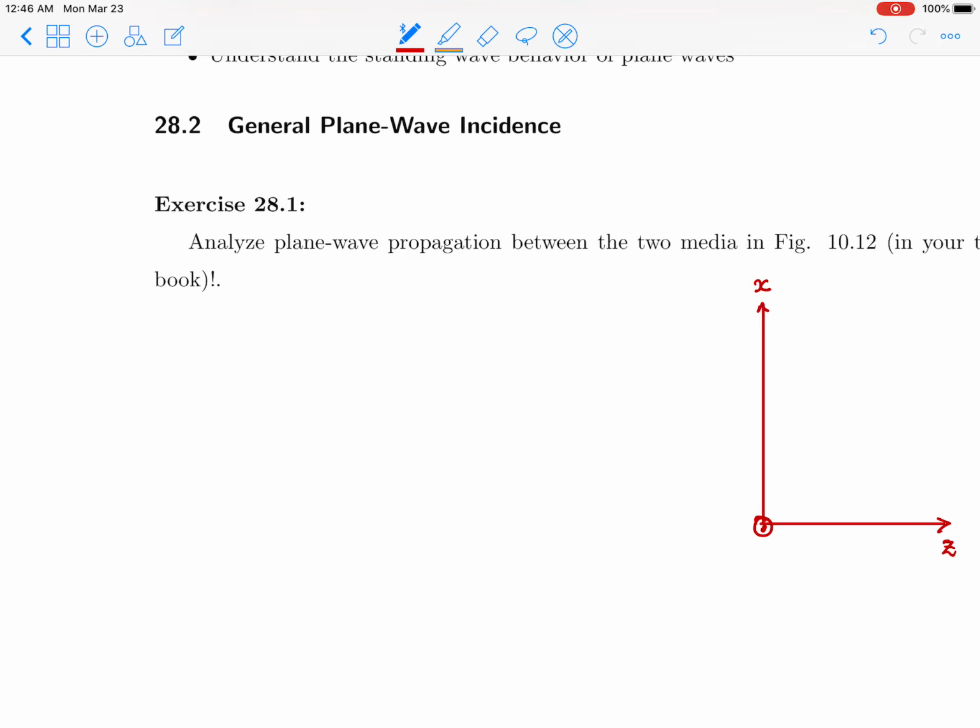The wave is propagating along the positive z direction, so this is AK.